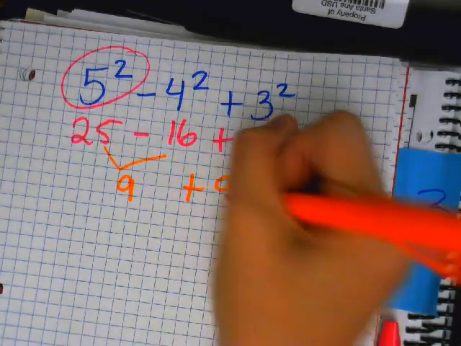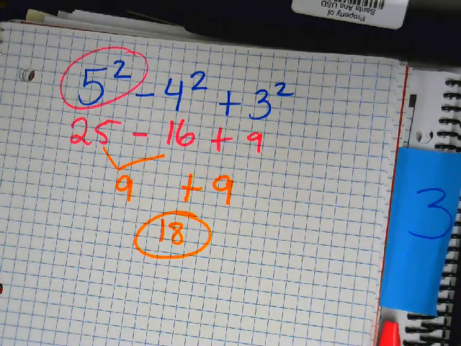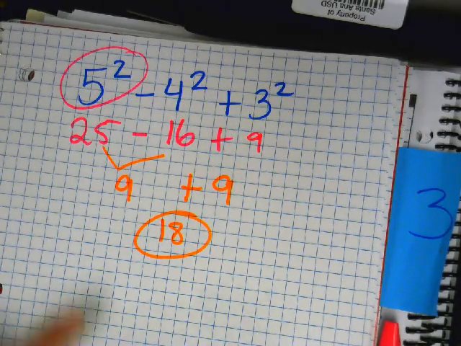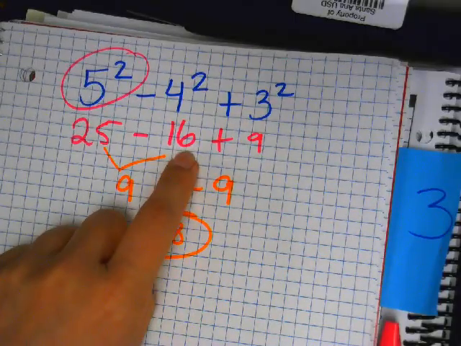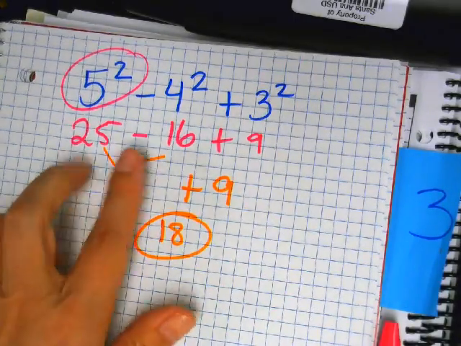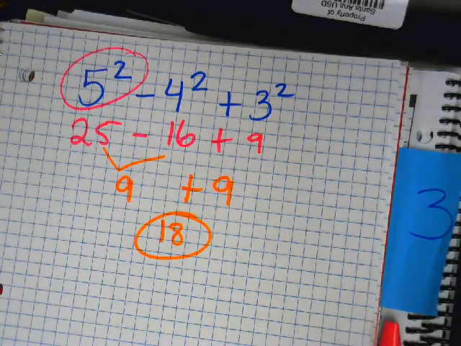Plus 9. So 5 squared is 25, right? 4 squared, 16. 3 squared, 9. So 25 minus 16, 9. 9 plus 9, 18. All right.